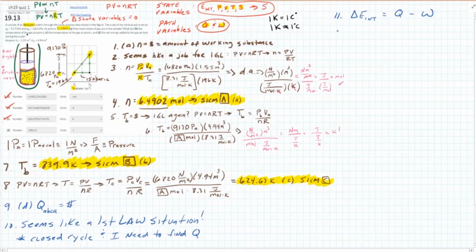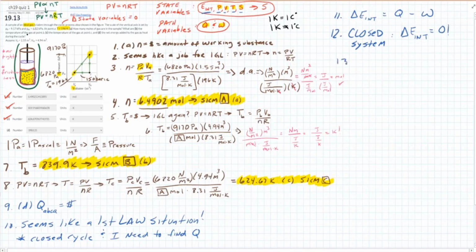But right now, this is what I was thinking. For a closed system, there is no change in any thermodynamic properties. So in a closed system, we have 1, 2, 3, 4, 5 variables that remain unchanged. For a closed system, there is no change in internal energy, so that equals 0.